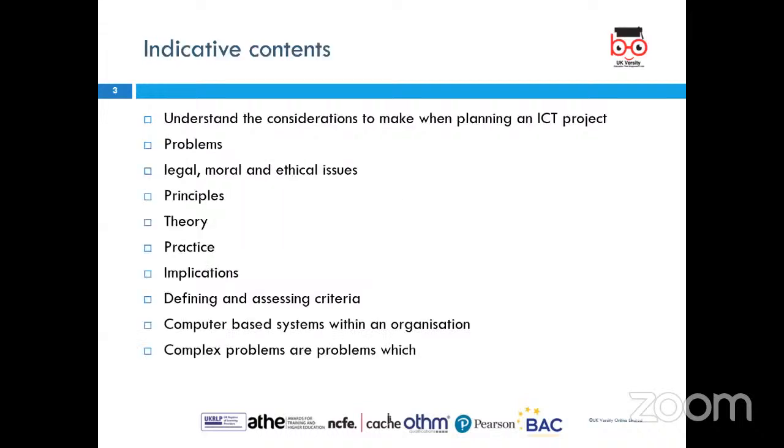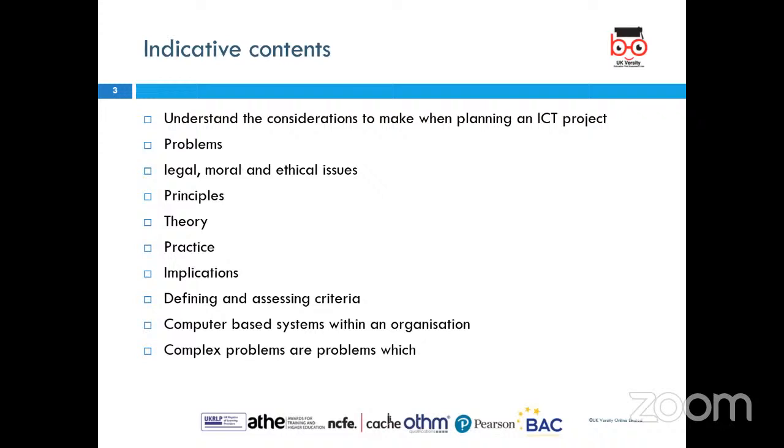So for today's session, we will have several learning outcomes. These learning outcomes are to understand the considerations to make when you are planning an ICT project: problems, legal, moral and ethical issues, principles, theory, practical implications.